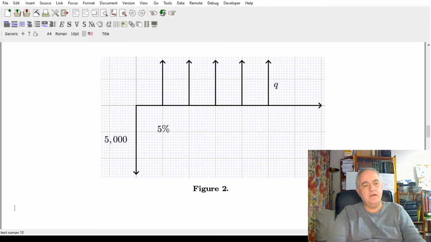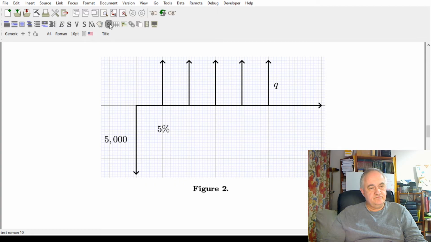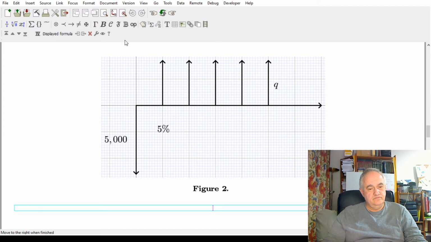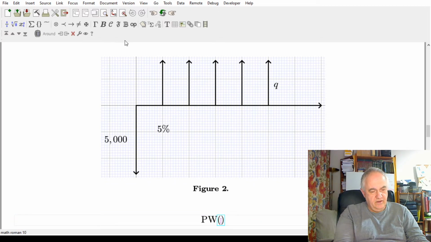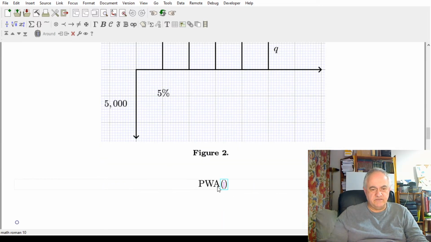Let's see how we compute the present worth of an annuity of value Q. I will put this just to differentiate from the previous function. We will give a specific name to this expression, just to note that it's a different function from the previous one. We have an annuity of Q.